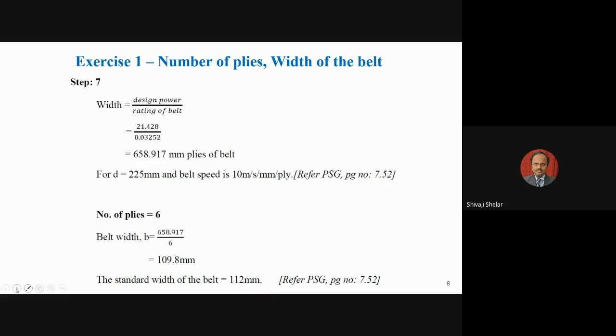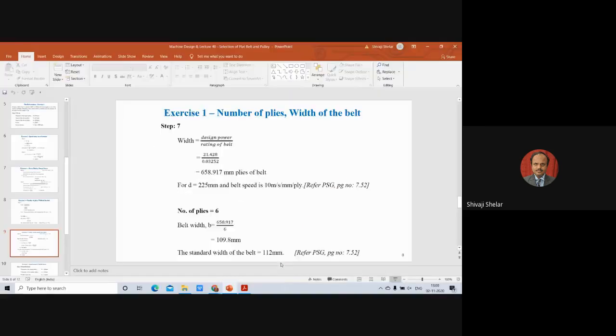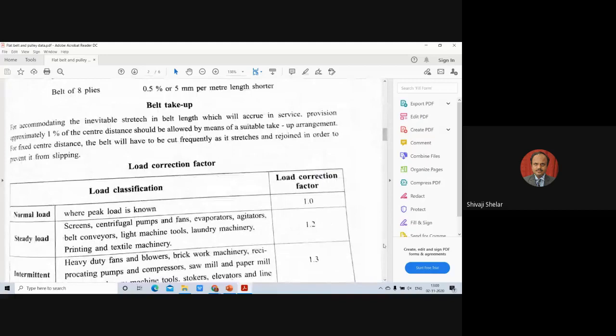So the next step is to calculate the pulley width. The width of the pulley required should be greater than the width of the belt required. Now where does this 13 come from? This 13 has come from PAG page 7.54, so I will show that here. On the 7.54 page, you will have the diameters and widths of the pulleys.